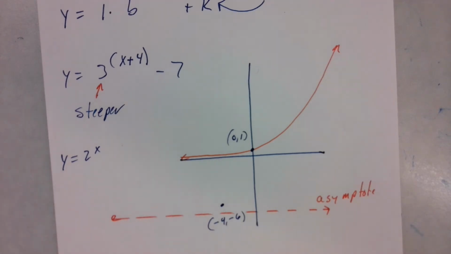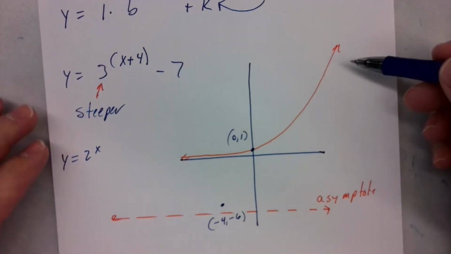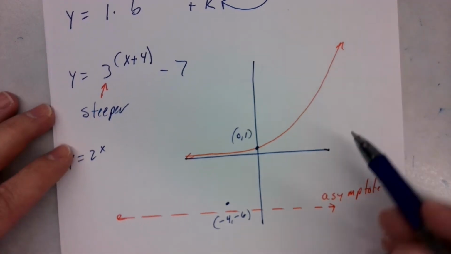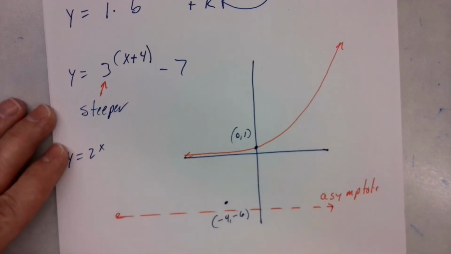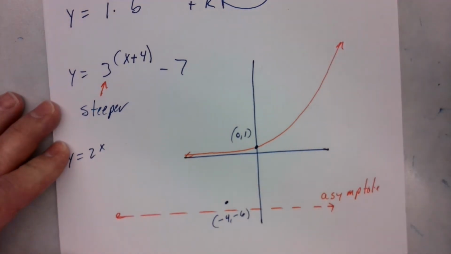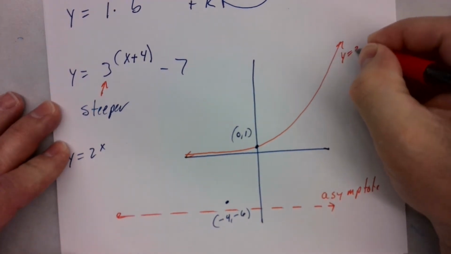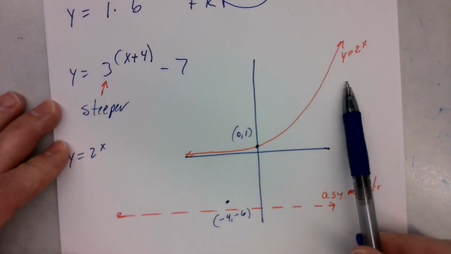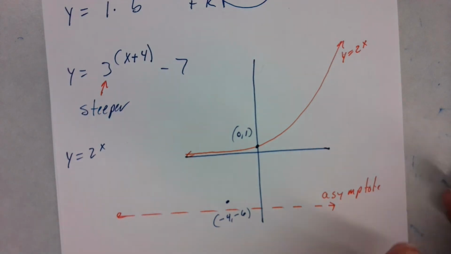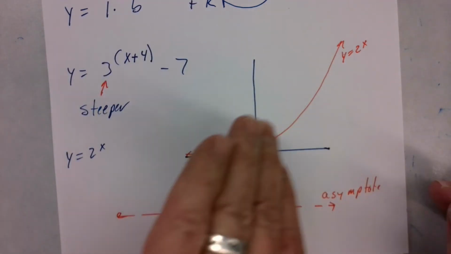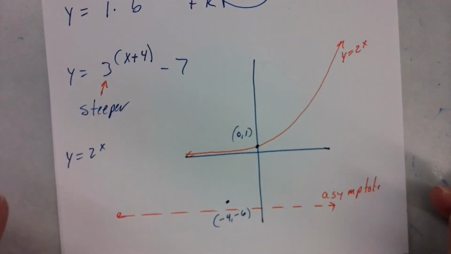So, now, if this is my parent function, I have similar to what would have been my vertex, right? I'm going to go and graph this. Now, if this right here is my y equals 2 to the x, how is my graph, besides the fact that I've moved it, which is called a translation, what is my graph going to do, Kemp?